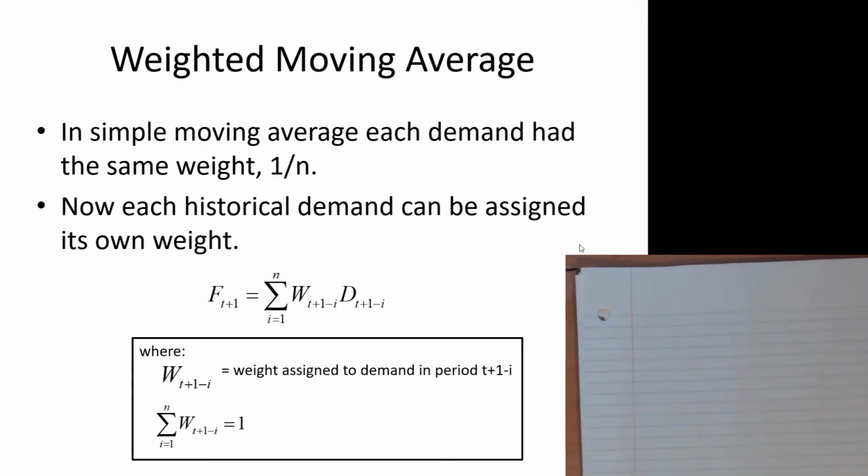Essentially, we look at demands for some number of periods in the past. It could be 1, 2 periods worth of demands, but it could be 3 periods worth of demands, it could be 4 periods worth of demands, whatever. It depends, and we'll see some techniques on how we optimize that.